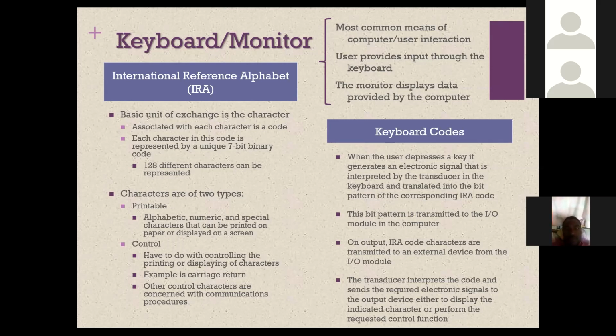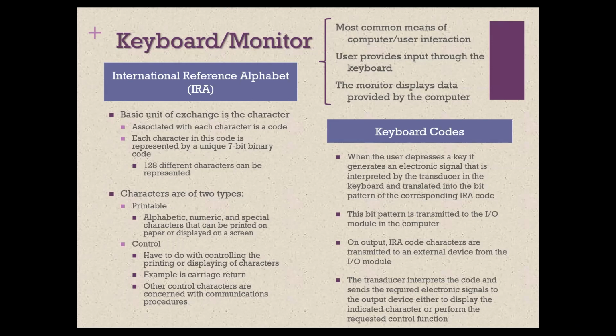There are others like the caps lock, which would change the nature of the character itself. If we use the caps lock, it would change it from, say, small case to capital letters. Other control characters are concerned with communications procedures.